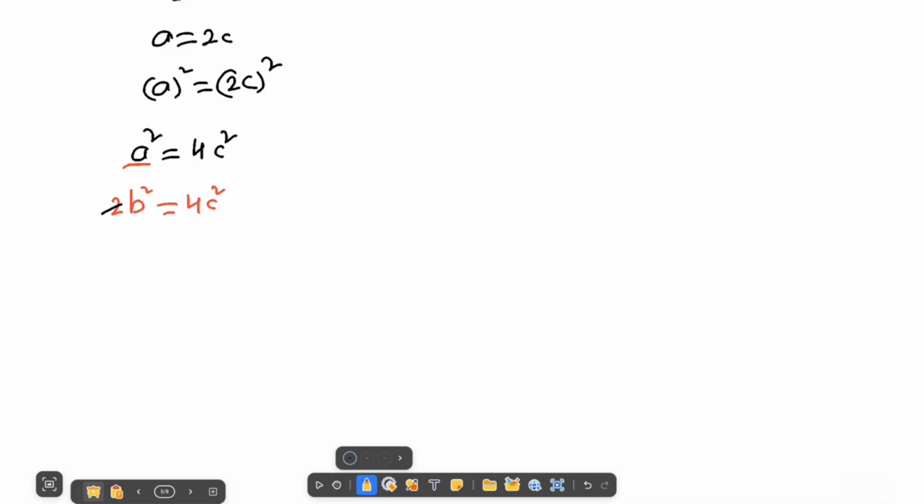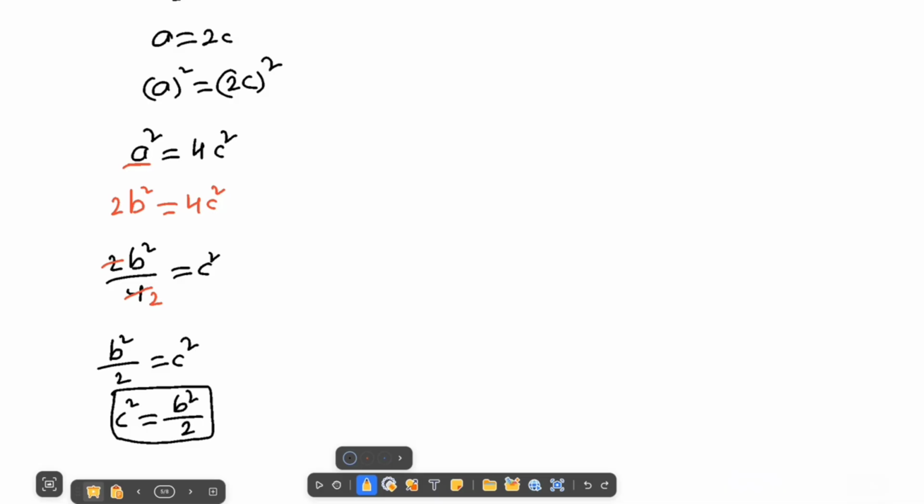Bring 4 to the left side. 2b square by 4 is equals to c square. 2 1s are 2, 2 2s are 4. So b square by 2 is equals to c square. Otherwise we can write it as c square is equals to b square by 2.